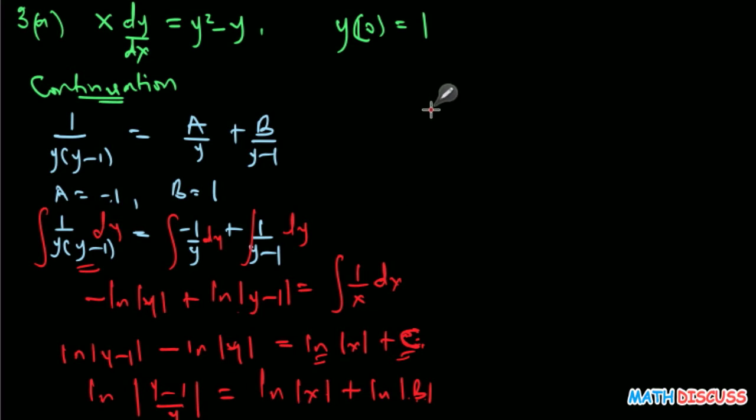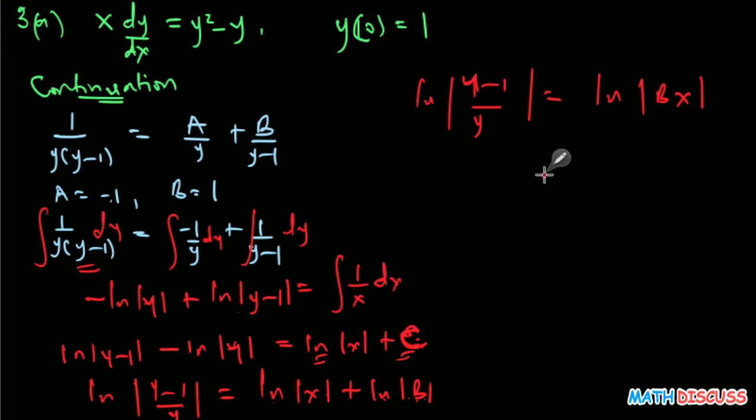You have the ln of y minus 1 over y equals, now looking at these two, I could easily apply the laws of logarithm here. Since they are adding, this is just going to be the same thing as the ln of bx, which wouldn't have been possible if it was ordinary c.